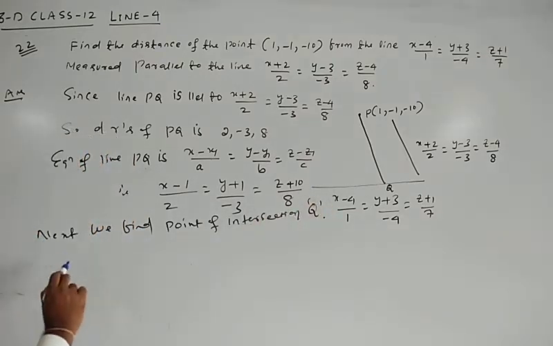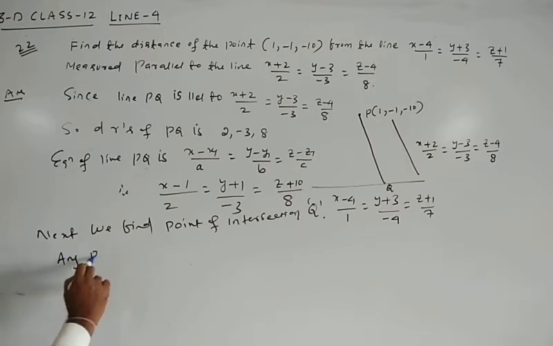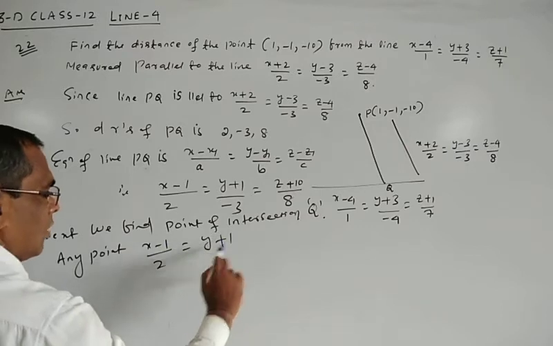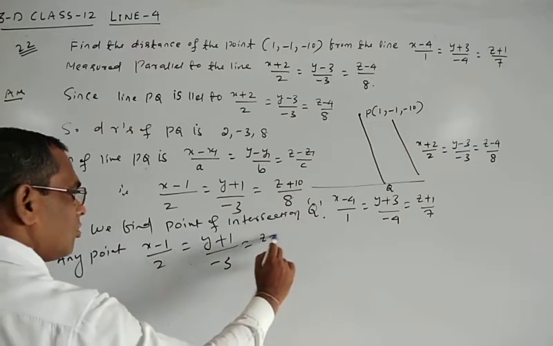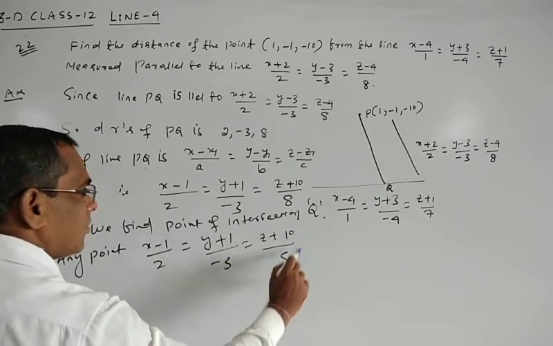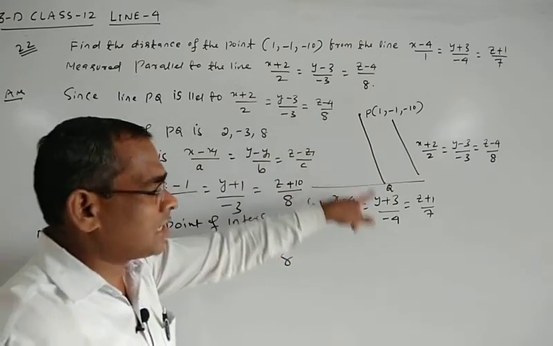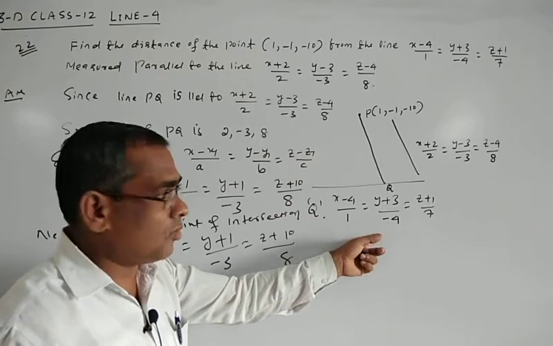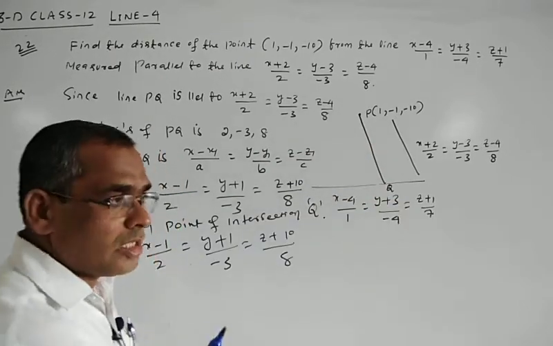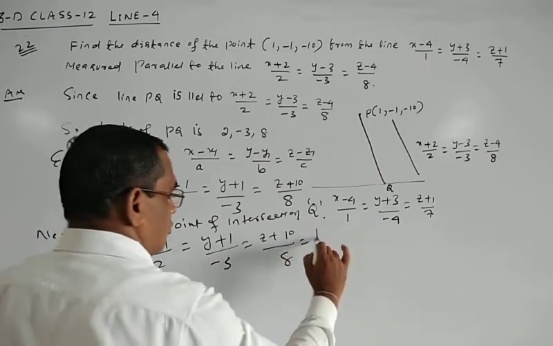You take any point on the line (x minus 1) by 2 equal to (y plus 1) by minus 3 equal to (z plus 10) by 8. Q is the point of intersection of line PQ and the second line. Is it clear? So this is equal to k.